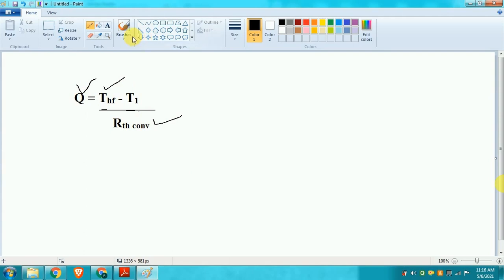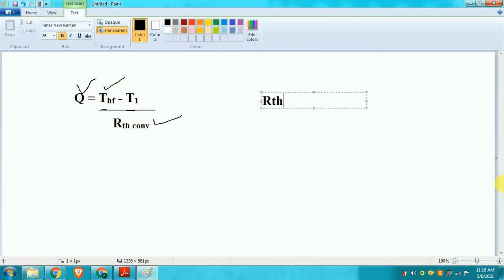So this value, how do we find out? RTH convection, I can find out, the equation is 1 divided by HF into area.